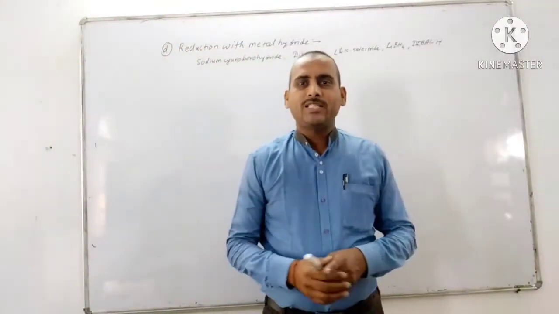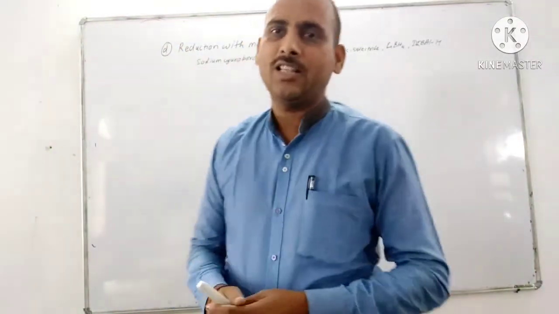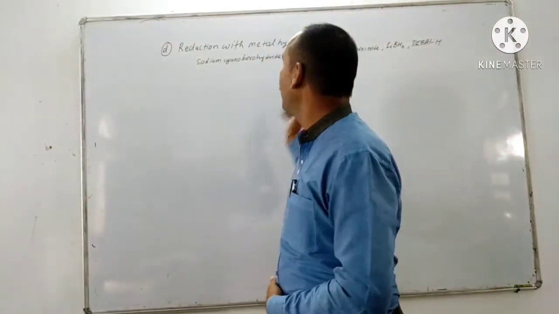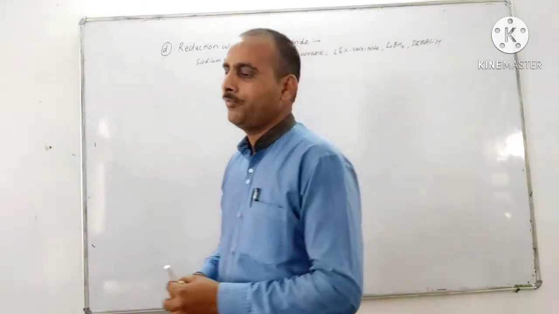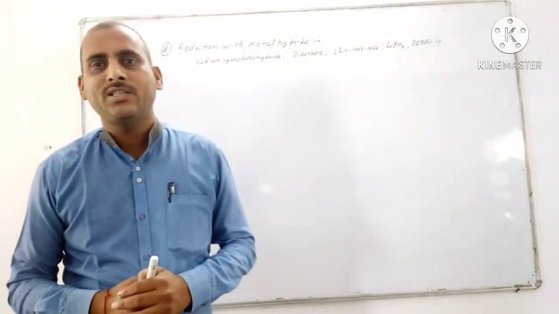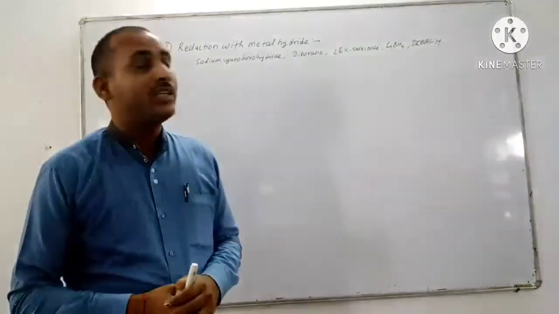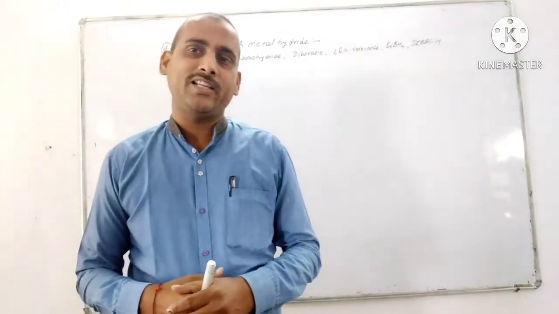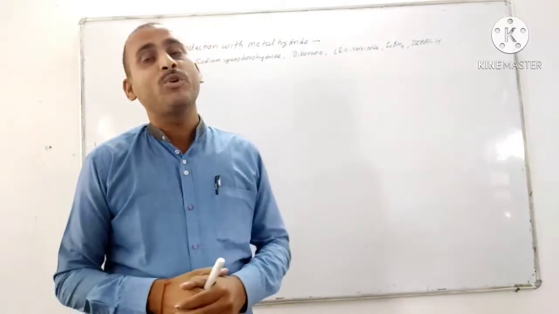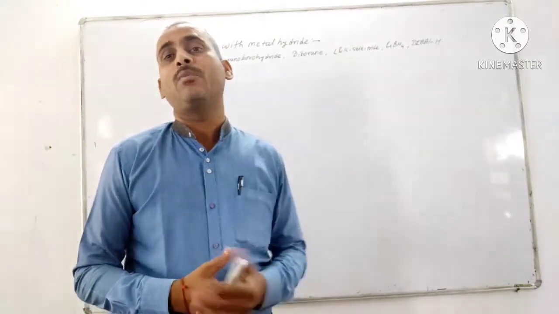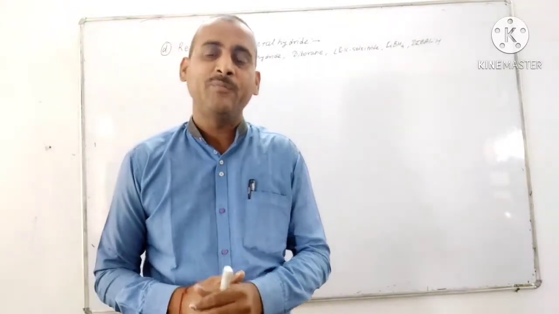Hello, good afternoon, friends. Today we start the reduction by using the metal hydrides like sodium cyanoborohydride, then diborane, L and K selectride, lithium borohydride, and lastly diisobutyl aluminum hydride.